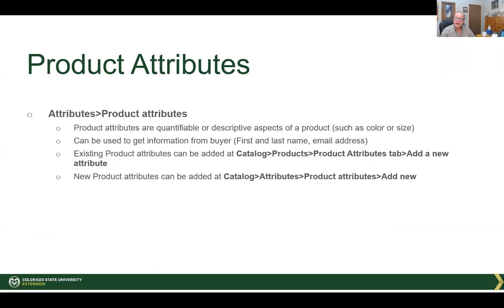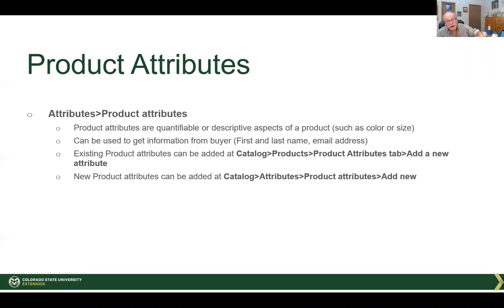In our case, if they're going to be bringing a laptop, if they need a name tag, that kind of thing. Now you add existing product attributes, and if you look through them, there are a huge number of existing attributes available to you. Catalog, product attributes, and then you simply add a new attribute there. Something I'm not going to demo today because it was already confusing once.